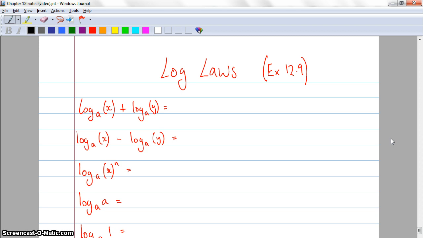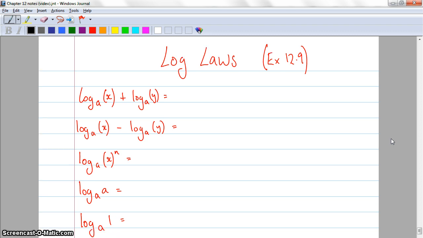So, drilling down to these log laws, I think we're going to look at 5 of them today. The first one has some conditions: it must be the same base, A, and there mustn't be any number except for the number 1 outside of the log. So there is an invisible 1, and there is an invisible 1.